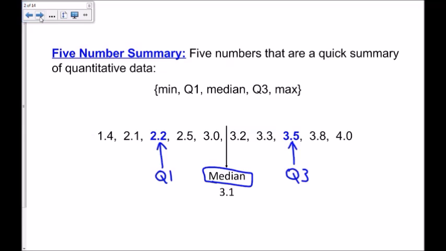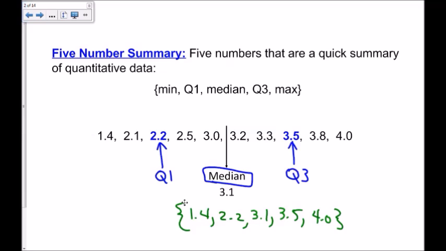So here is our data from the previous chapter's video, and from this I can write down the 5-number summary as the minimum, which is 1.4, Q1, which is 2.2, the median, which is 3.1, Q3, which is 3.5, and the maximum, which is 4.0. This is the 5-number summary.